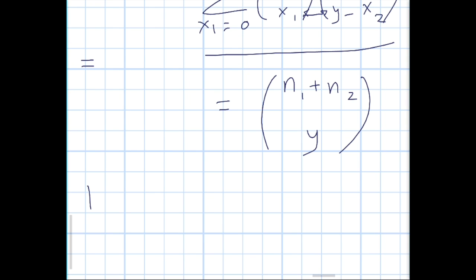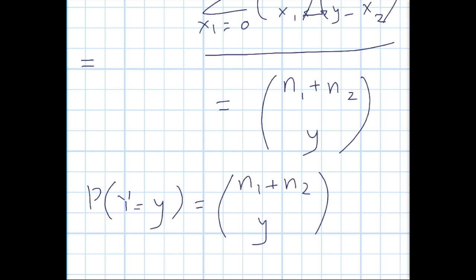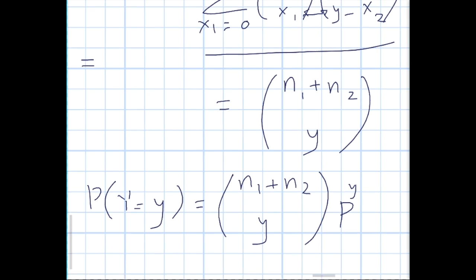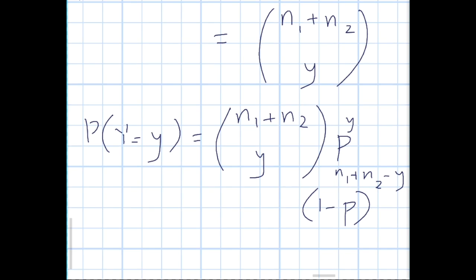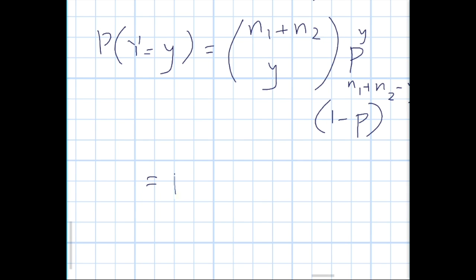So then P of y is equal to (n1 plus n2 choose y) p^y times (1 minus p)^(n1 plus n2 minus y), which means that this is binomial with parameters n1 plus n2 and p.